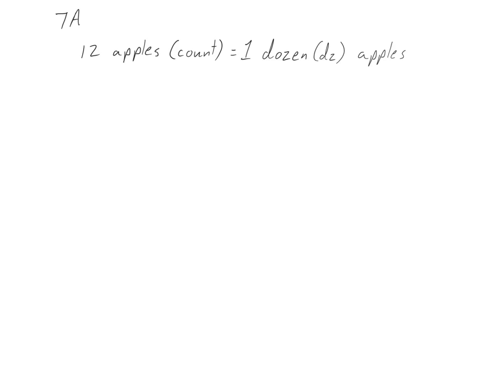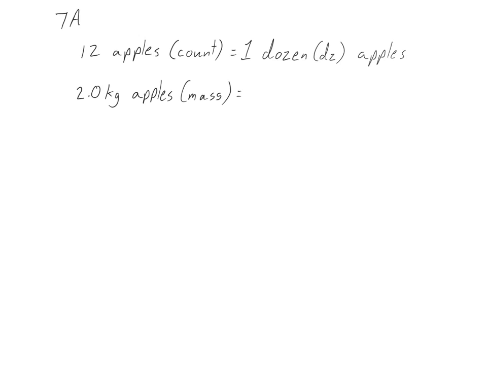So the other way somebody could maybe go to the store and order apples would be by mass. And they could say, well, for my recipe, I need 2 kilograms of apples. So maybe you're making a pie or something like that, and it doesn't really matter how many apples you get. It really matters how much mass of apples you get, because there's big apples and small apples, and 3 big apples might make a pie, but it might take 6 small apples.